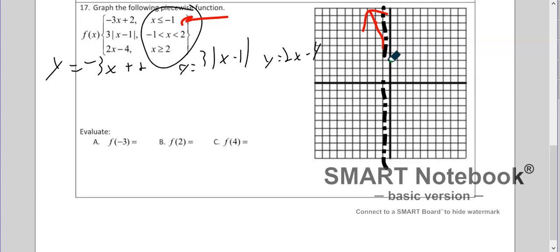If I did 1, 1 minus 1 is 0. 0 times 3 is 0. If I did 2, 2 minus 1 is 1. 1 times 3 is 3. So you can already see the shape of this absolute value.